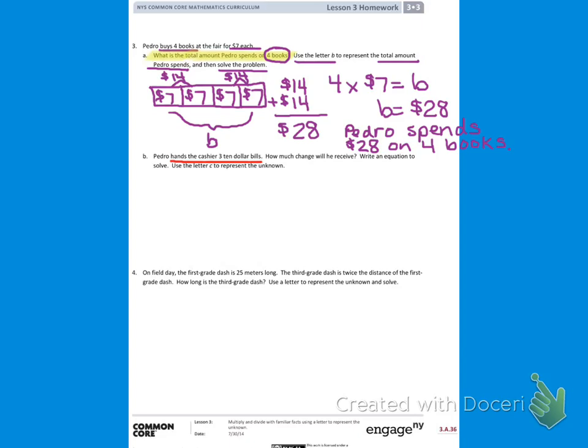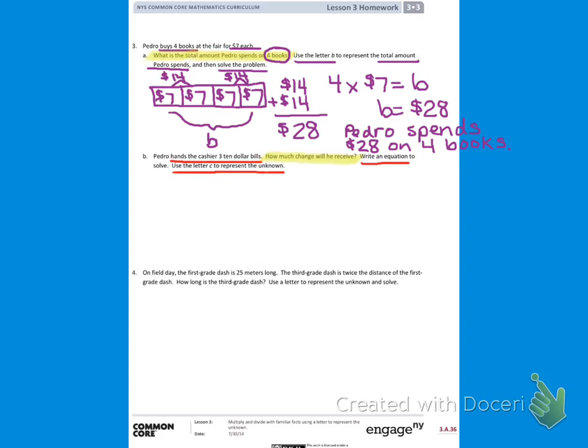I will highlight the question, how much change will he receive? If you don't have a highlighter, you can use a yellow crayon or simply circle the question. And then we need to write an equation, and we need to use the letter C to represent the unknown.